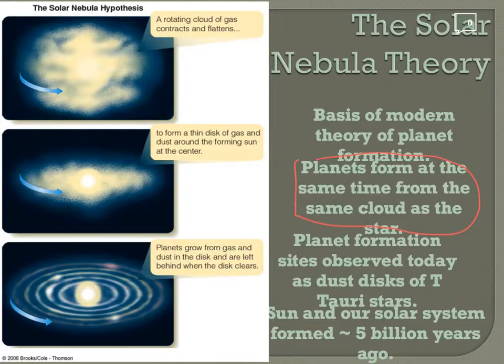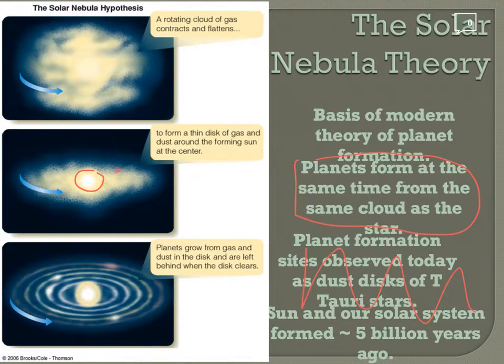Planet formation sites are observed today as dust disks of T Tauri stars, like the sun in our solar system. So don't worry about any of this stuff right here. Basically, the picture is probably a little bit better. You have this giant nebula dust cloud, and eventually that dust cloud starts to compact and is still spinning from the Big Bang. Where the most mass forms, you get a sun.